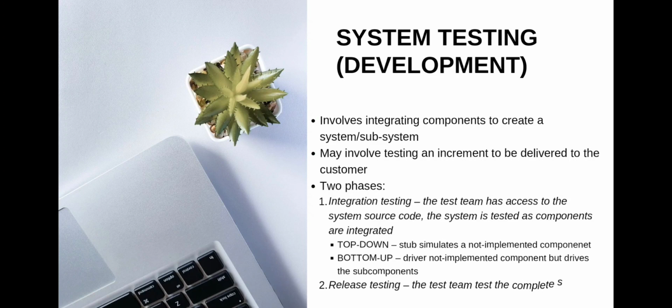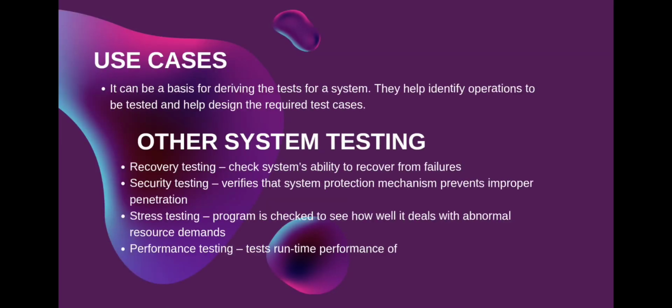The system is tested as components are integrated, from which two methods arise: top-down, which simulates a not implemented component, and bottom-up, which drives a not implemented component but drives the subcomponents. Two is release testing, in which the test team tests the complete system to be delivered as a black box. Use cases can be a basis for deriving the tests for a system. They help to identify operations to be tested and help design the required test cases.